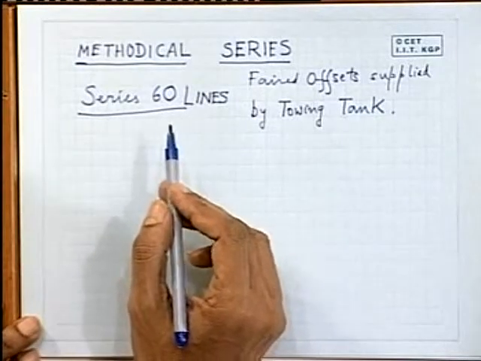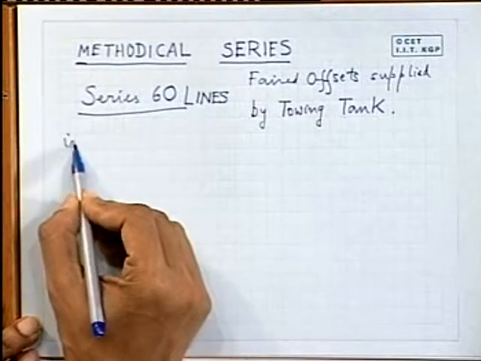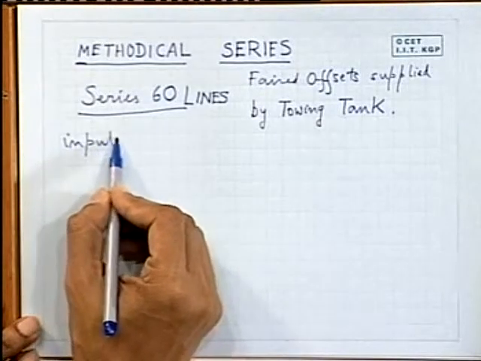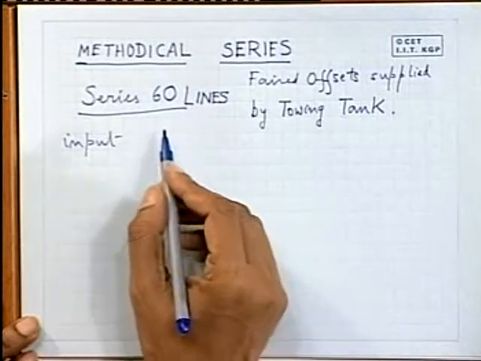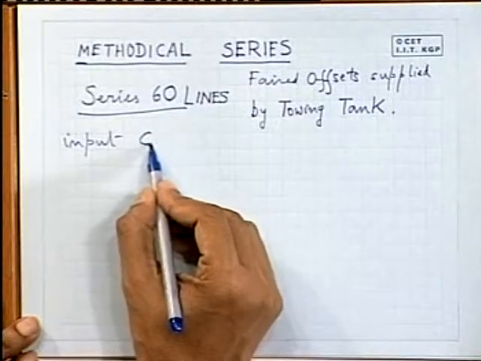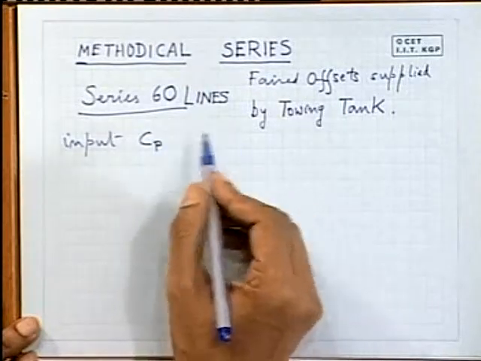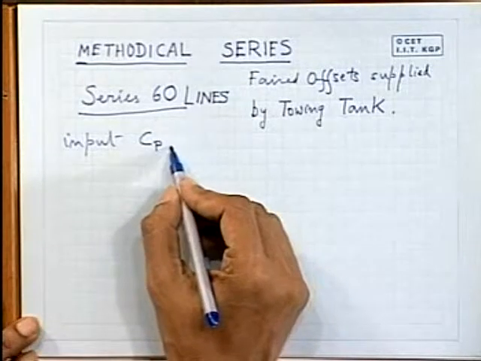If you just give the input to this Series 60, you will find design charts. Of course, I don't have those data here. Design charts have inputs of, say, prismatic coefficient CP. I'll tell you what this prismatic coefficient is, because the lecture pertains to that. Then you have the L by B ratio.